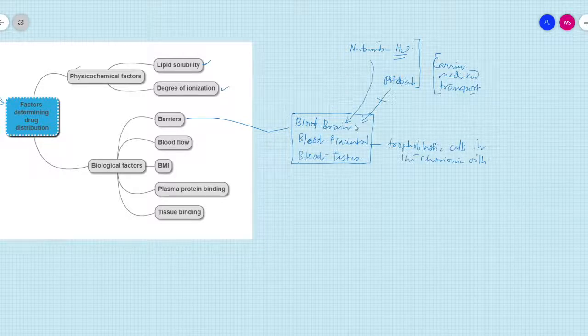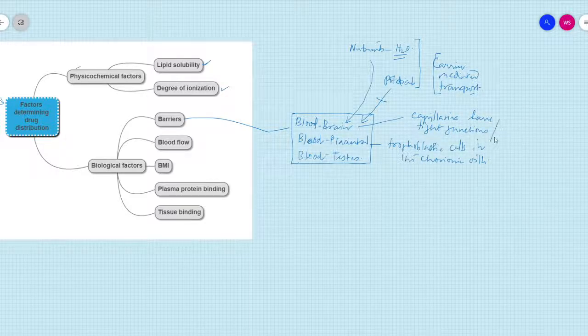Okay, so in the blood-brain barrier, we've got capillaries of the brain, the cerebrospinal axis, and these capillaries have tight junctions.